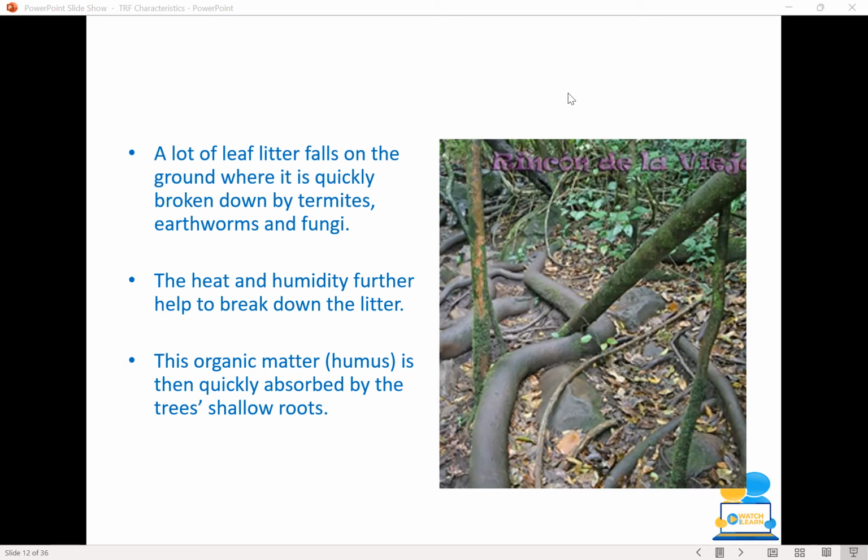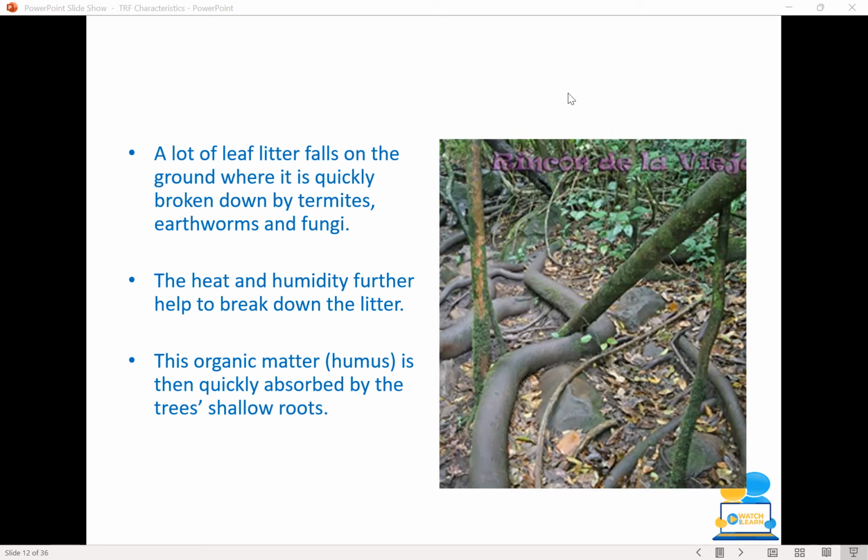This leaf litter turns very quickly into humus, into nutrients needed for the soil. The heat and humidity further help break down the litter. So a combination of termites, earthworms, as well as the heat and humidity means that this nutrient cycle happens very quickly.